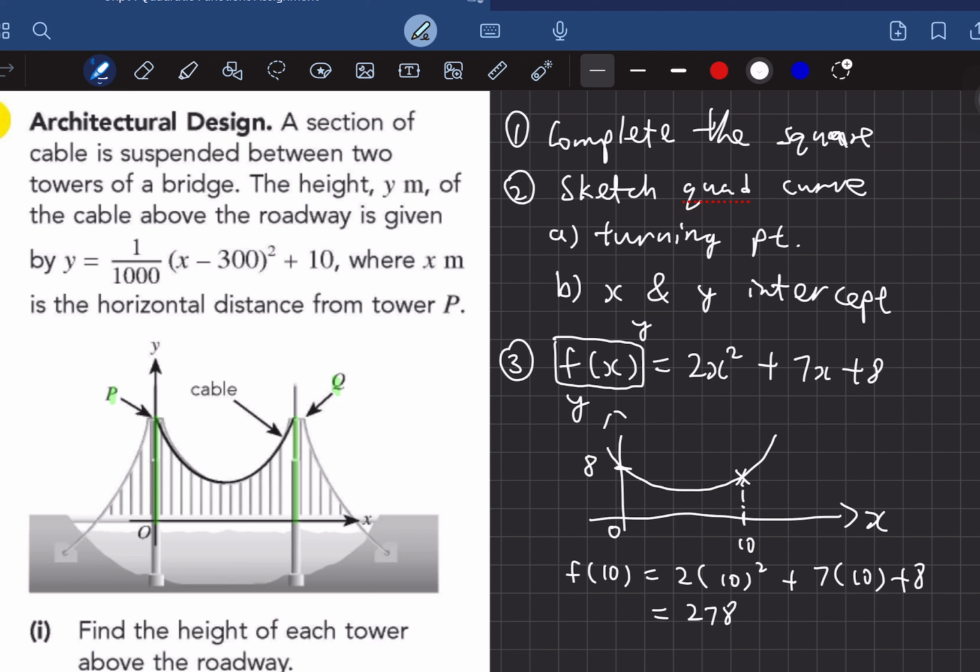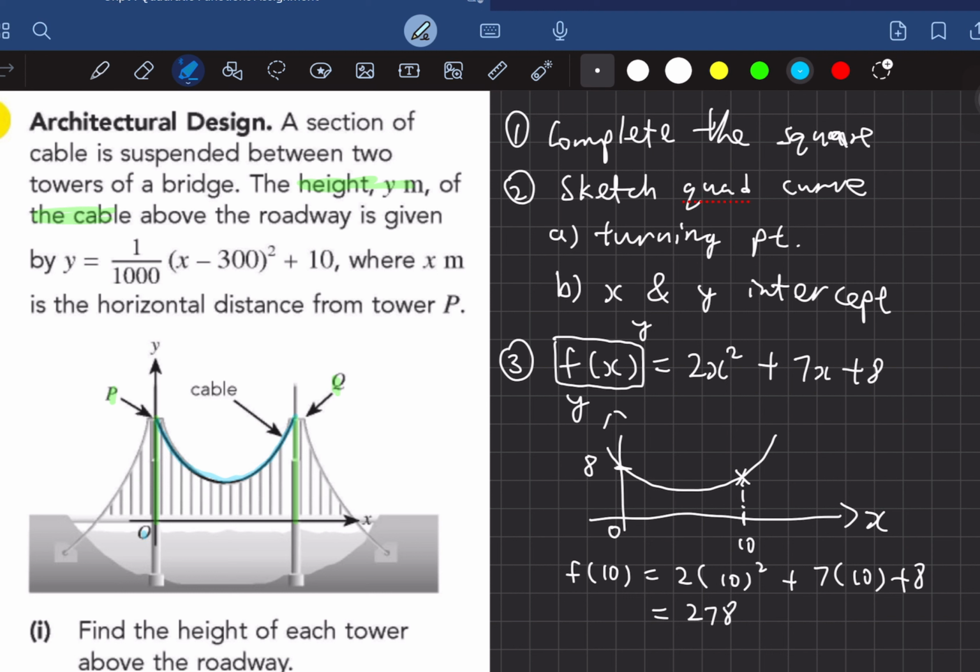Then they say the height of the cable, which means this portion, the cable height, which is height from where?